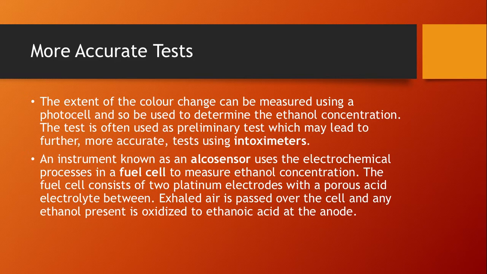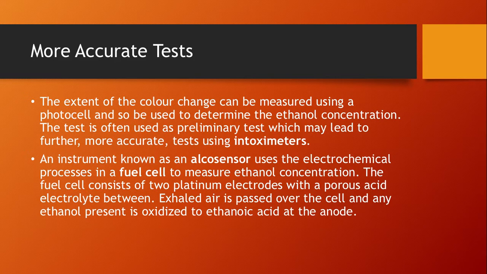The test is often used as a preliminary test, which may lead to further, more accurate tests using intoximeters. So a breathalyzer is first used by police if you get pulled over, but then those samples can be sent to the lab using more accurate tests.